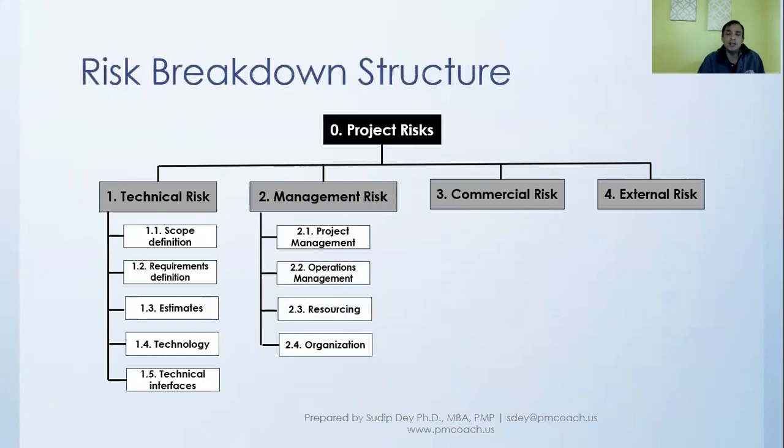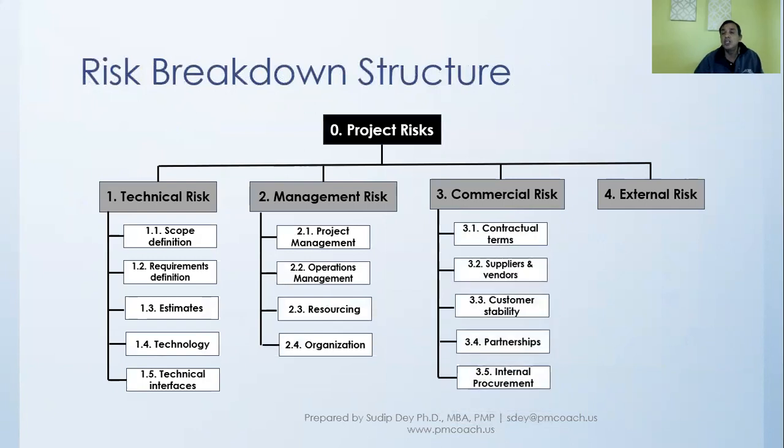Similarly, for management, there might be project management risk, resourcing risk, organizational risk. If you look at commercial, there can be risk in the contract. That is something that we need to look at. Or the supplies and vendors, or even customer stability, because if the customer changes or something happens on the customer side, the project gets affected, so there are some commercial risks.